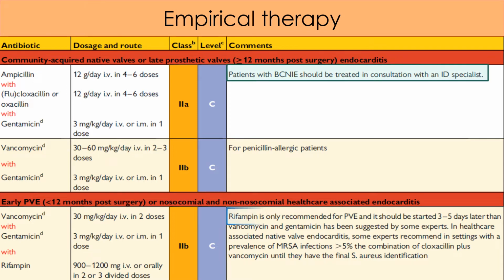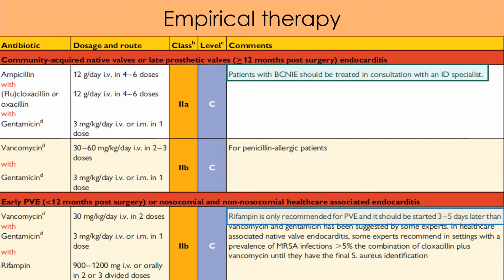In this regimen, rifampicin is recommended only in this setting, prosthetic valve, and should be started 3 to 5 days later than vancomycin, because we expect rifampicin to inhibit protein synthesis and inhibit the biofilm that the pathogen produces to prevent antibiotic penetration.